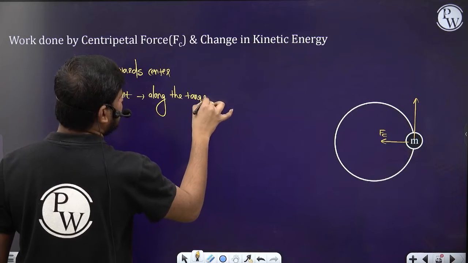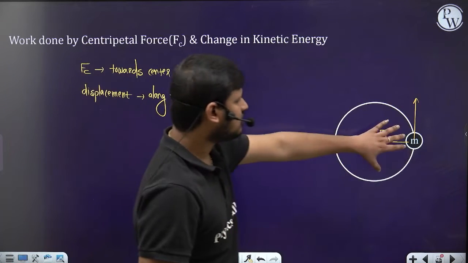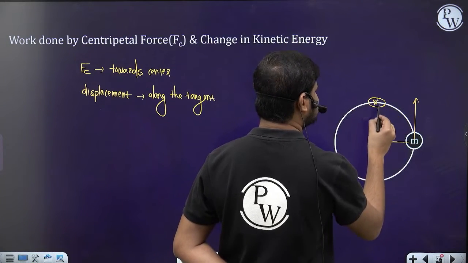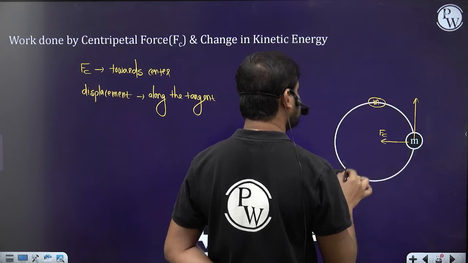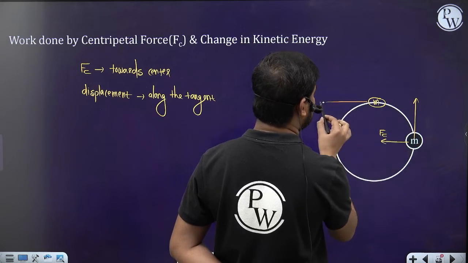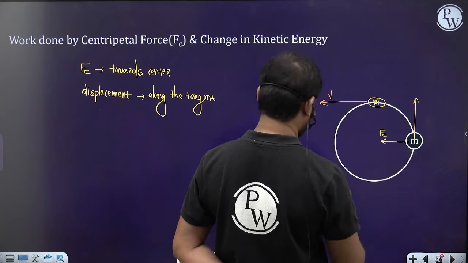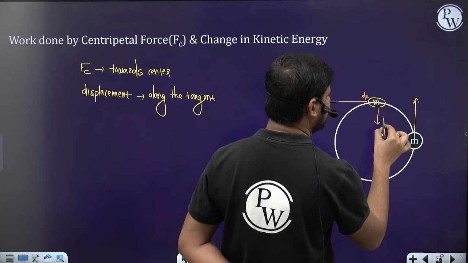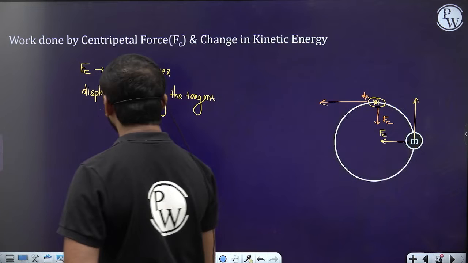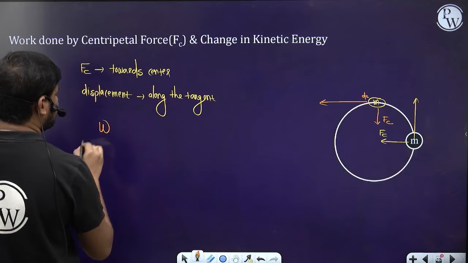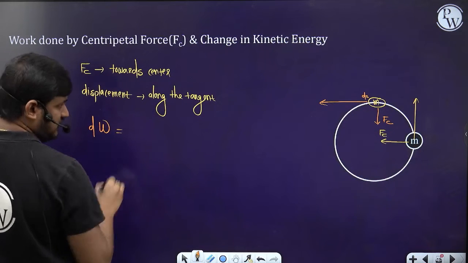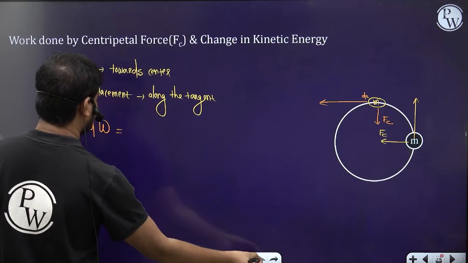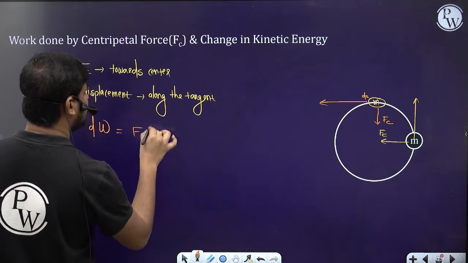At any point you can consider, if the particle has moved to this point, this is the mass of the particle m, and its velocity will be this side. Let the small displacement be ds this side, and the centripetal force Fc this side. We know that the very small work done dW equals the force acting on it into the small displacement.